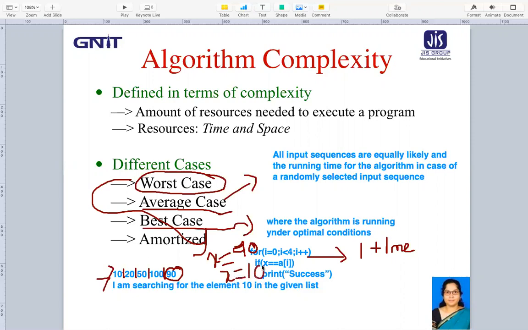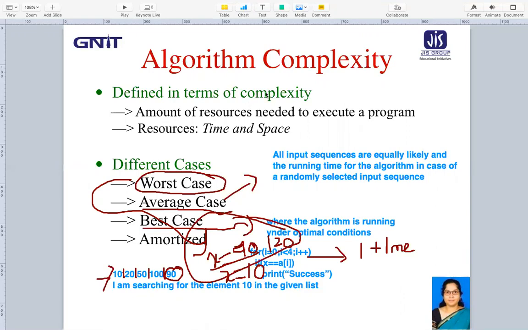If we are searching for the element 90 in the list, or for an element 120 which is not there in the list, this is the worst case, where either the element is the last element of the list or the element is not there in the list. So we are concerned more about these cases.